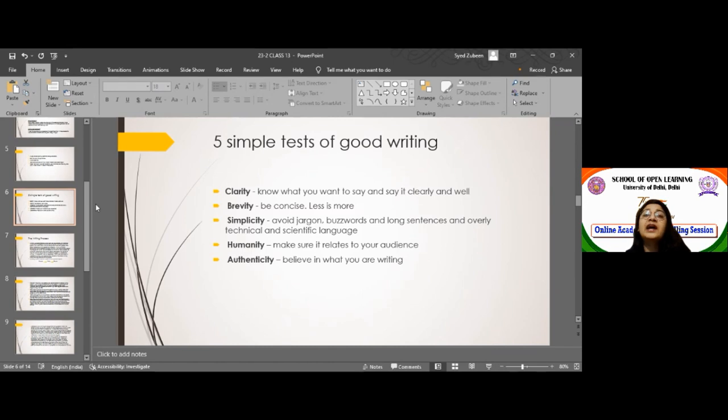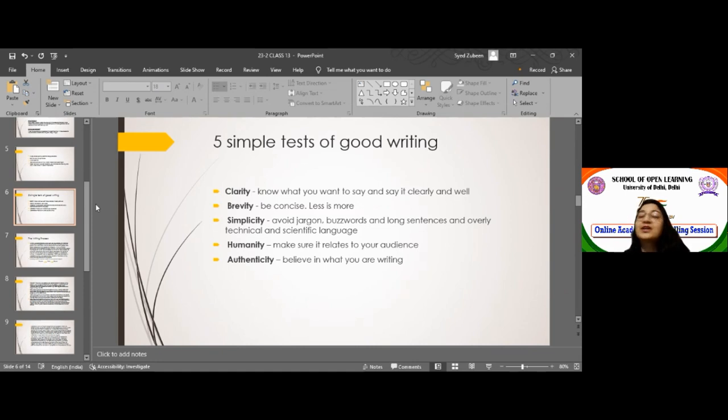Then 5 simple steps of good writing. What are those 5 simple steps of good writing? The first is clarity. Clear होना चाहिए. क्या लिख रहे हैं आप? What is important? What needs to be omitted, or what needs to be put out of the assignment that you would have been given by a teacher, right?